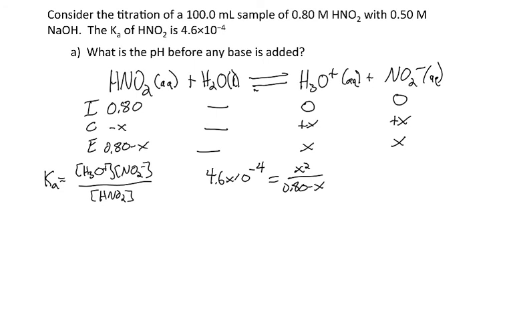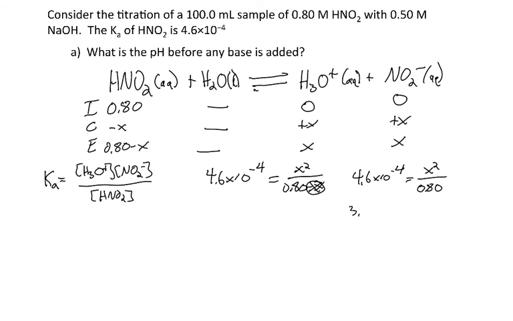0.8 minus x. Now, as usual, when we have these calculations for weak acids and weak bases, we can apply the K is small approximation, so we can ignore the minus x. And so my problem becomes, all right, I multiply both sides by 0.8.